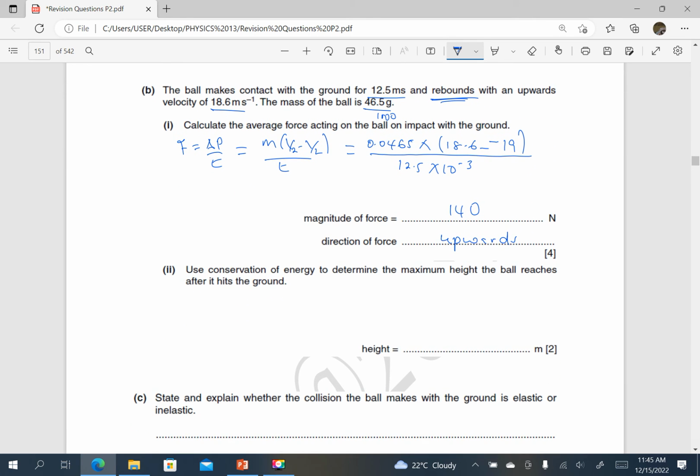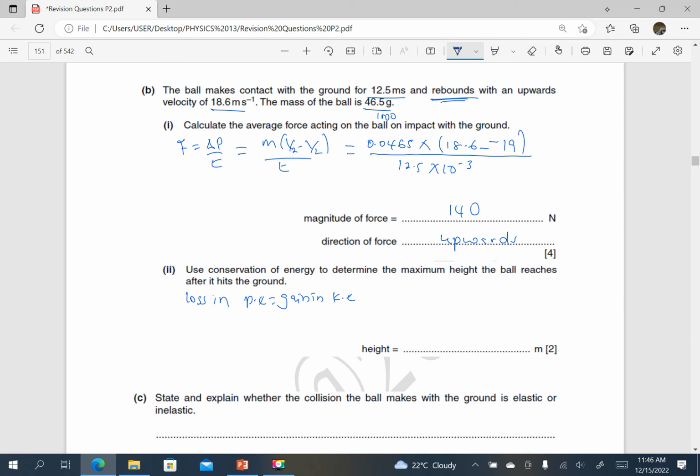Use conservation of energy to determine the maximum height the ball reaches after it hits the ground. So we are using conservation of energy. So the loss in gravitational potential energy should be equal to the gain in kinetic energy, or the other way around.